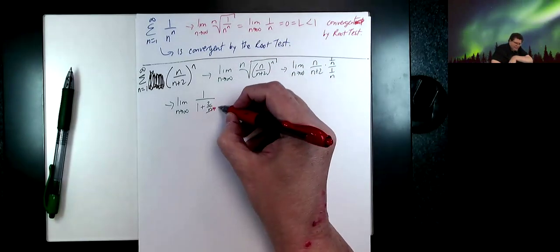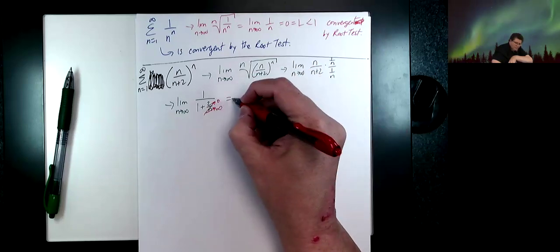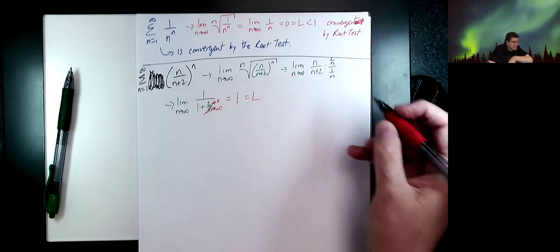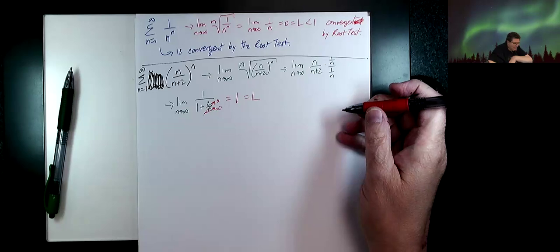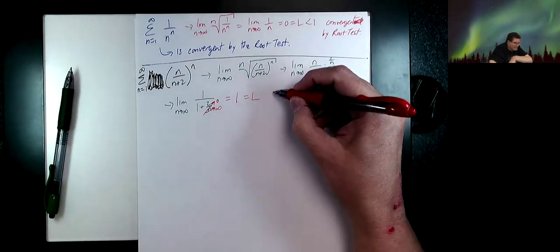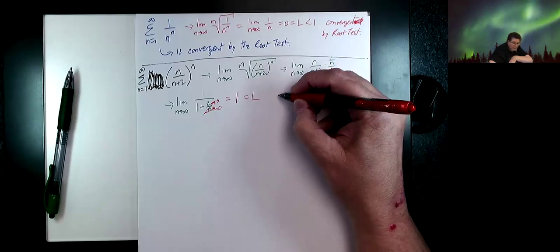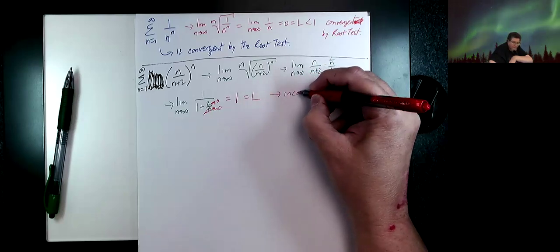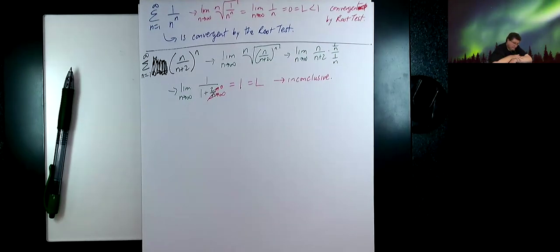As n goes to infinity, this fraction goes to 0, and this equals 1, which is my limit. On the ratio test and root test, L equals 1 is bad. Not in a divergent sort of way, because that gives me an answer. This is inconclusive. So root test is out.